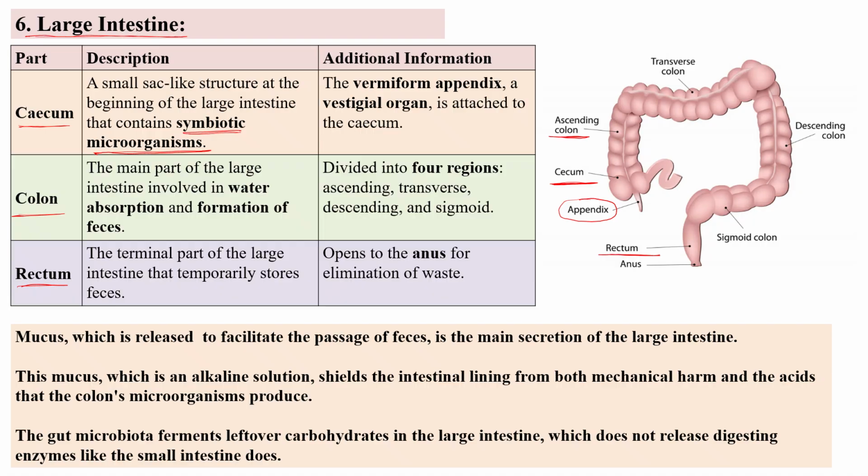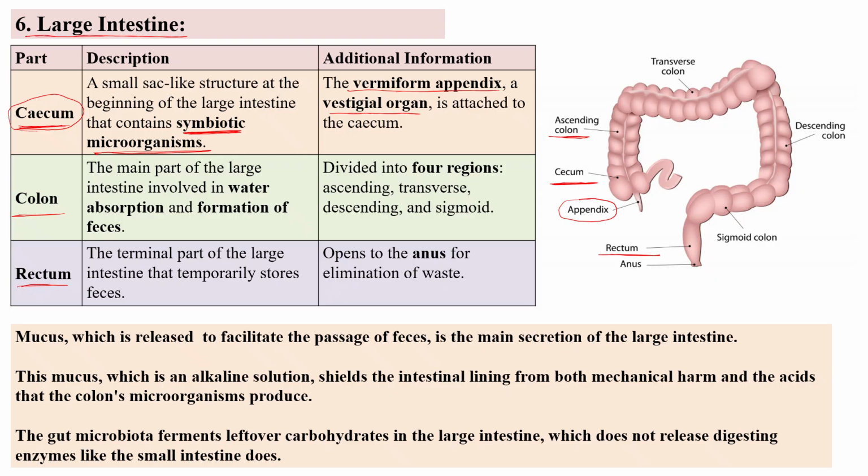So this point is very important from the objective question as well as short questions, because it can be asked in which part of the alimentary canal symbiotic microorganisms are present, or to which part of the alimentary canal the vermiform appendix is attached. So if it is mentioned small intestine or large intestine, then you will write large intestine if it is given in the option. But if cecum is given in the option, you will mention cecum.